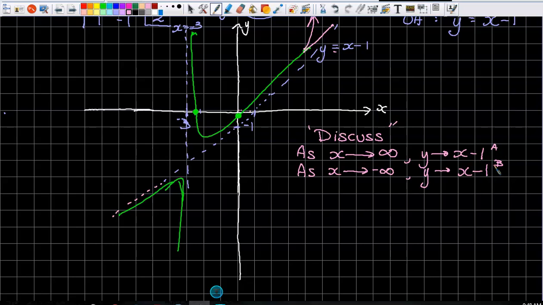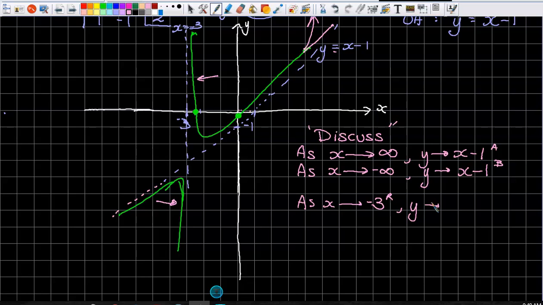Now we look at if there's a vertical asymptote, what's it doing near that? It can obviously approach the vertical asymptote from the right or from the left. Does that make sense? So how do we write that? As x is approaching my vertical asymptote, so as x is approaching minus 3 from the right, what's happening to the y value in this case?